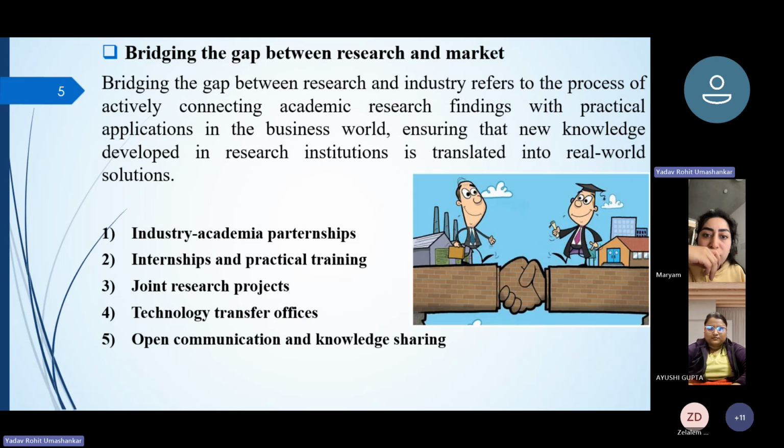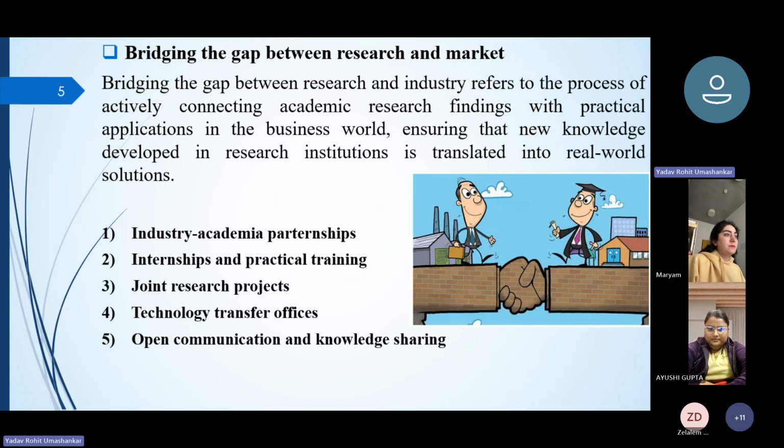So basically in all this process, if you want to do some innovation or some technology transfer from one organization to another, one important aspect is that there should be a very good connection between the industry or the commercial people and the research people.